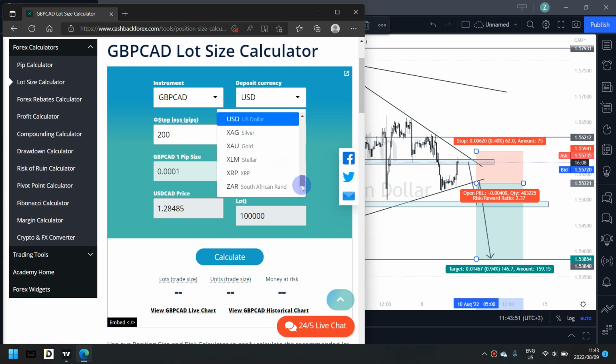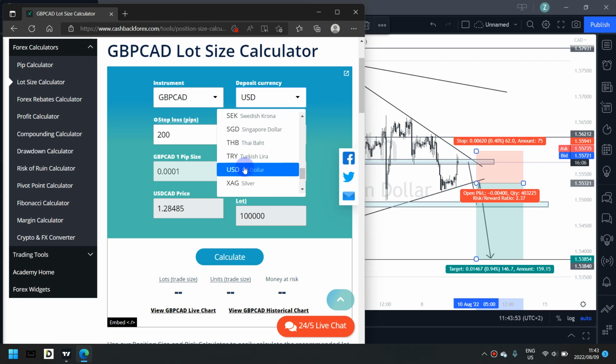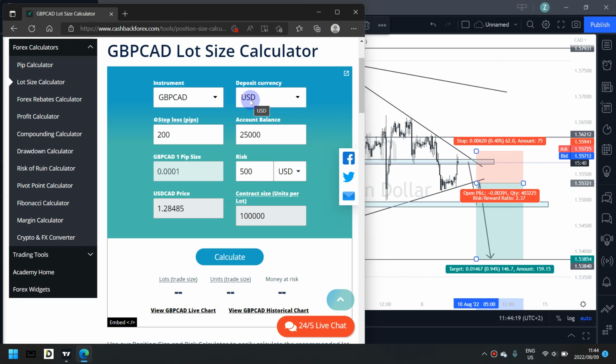It can be South African rands, dollars, Mexican pesos, Japanese yen, British pounds, euros, and many more, guys. You can find interesting stuff on this lot size calculator. I use the US dollar based deposit currency.